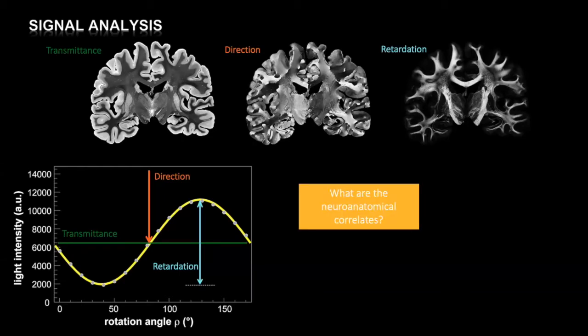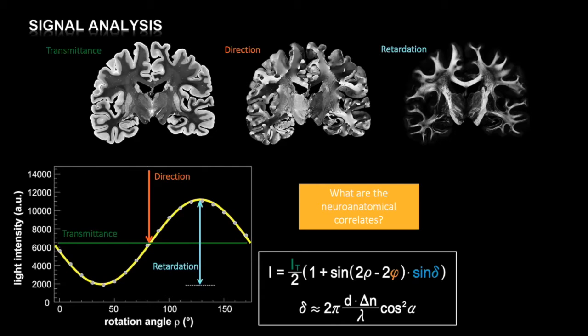Of course, up to now, when we analyze just a sinusoidal curve, it's just mathematics. And the question is, what are the neuroanatomical correlates to these different maps shown on the top? We can make sense of it by using optical physics and matrix calculus approaches, and with that we can have a very simple model describing the sinusoidal behavior of the intensity.